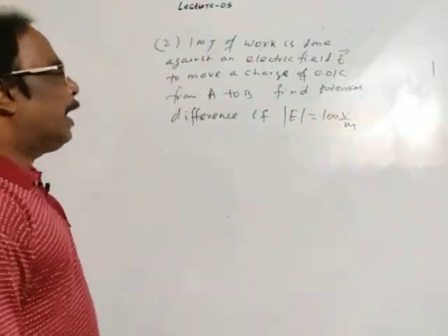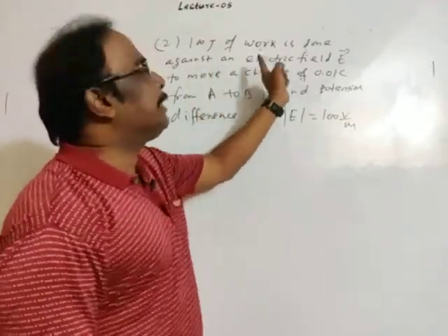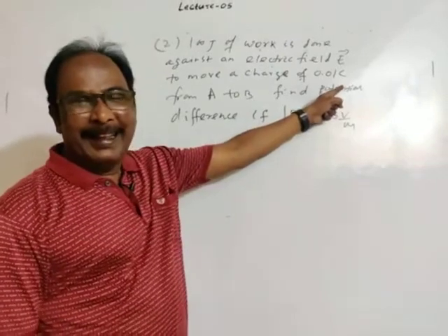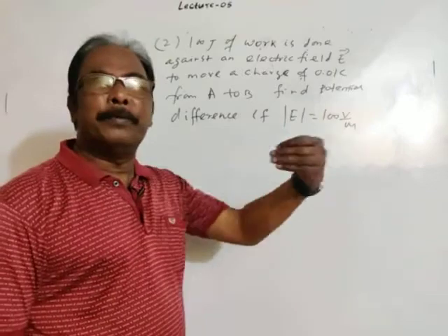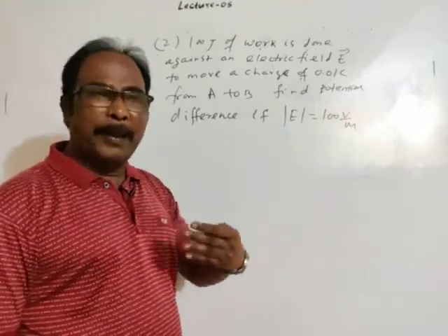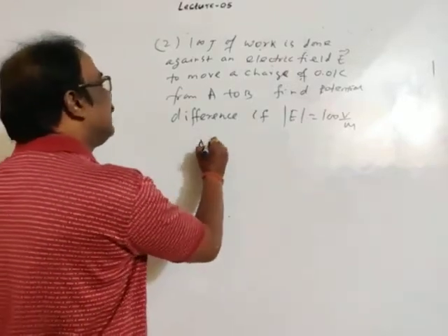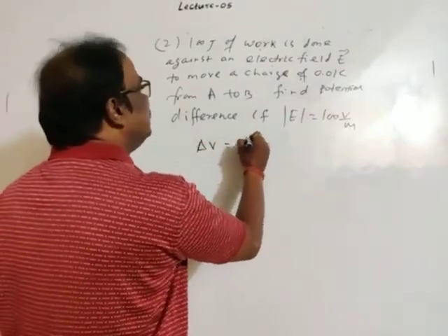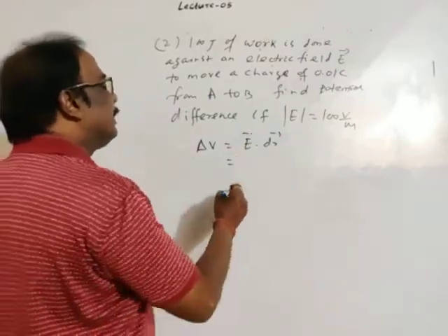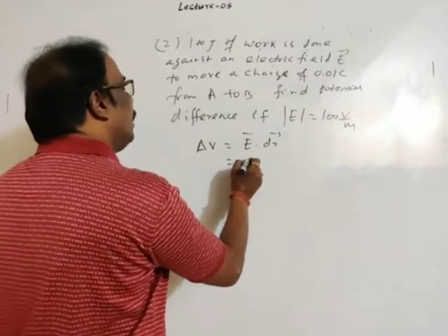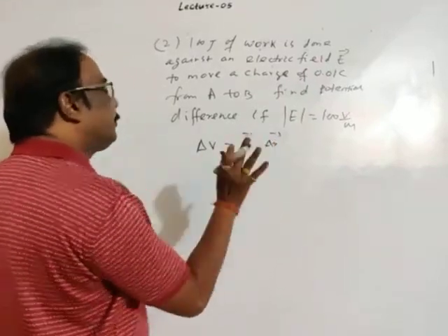Okay, we have to find potential difference, but work is done against the electric field. If we move along the direction of electric field, potential decreases. If we move opposite or against the electric field, then potential will increase. Then the potential difference, again the same form, E dot dr. No need to take positive or negative.